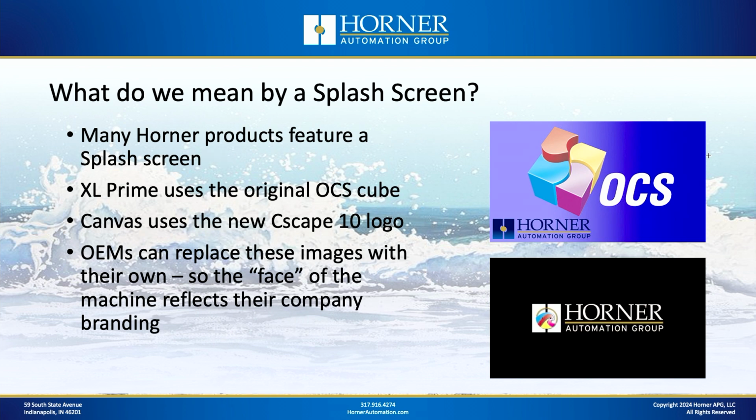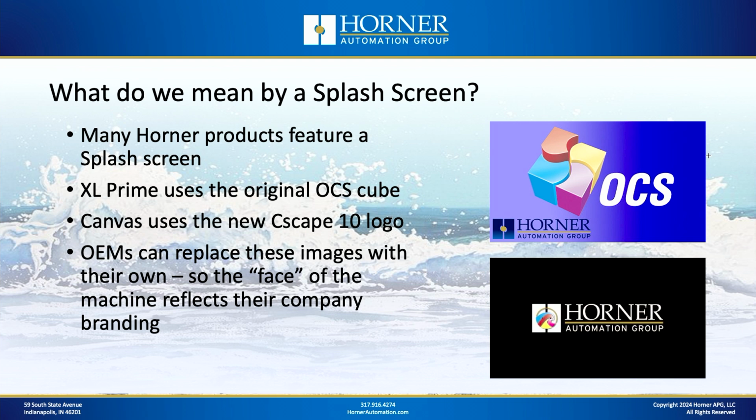Now, the Horner OCS, like other electronic products, also has a splash screen, and it varies a little bit by product line. You can see in the upper right-hand corner our traditional Horner splash screen we've used for a while that shows the Horner Cube. The Cube represents, for those who don't know, the 4 different aspects of all-in-one control: control, I/O, HMI, and networking.